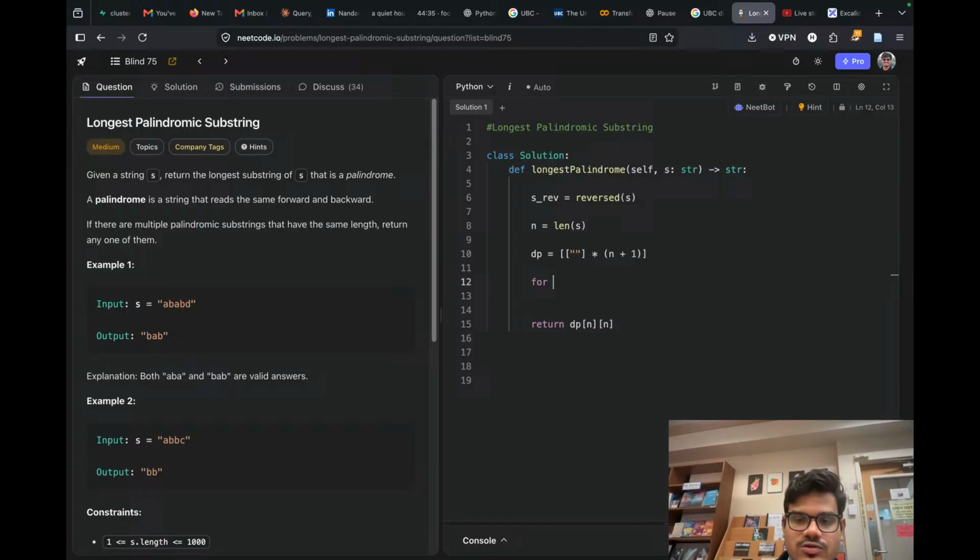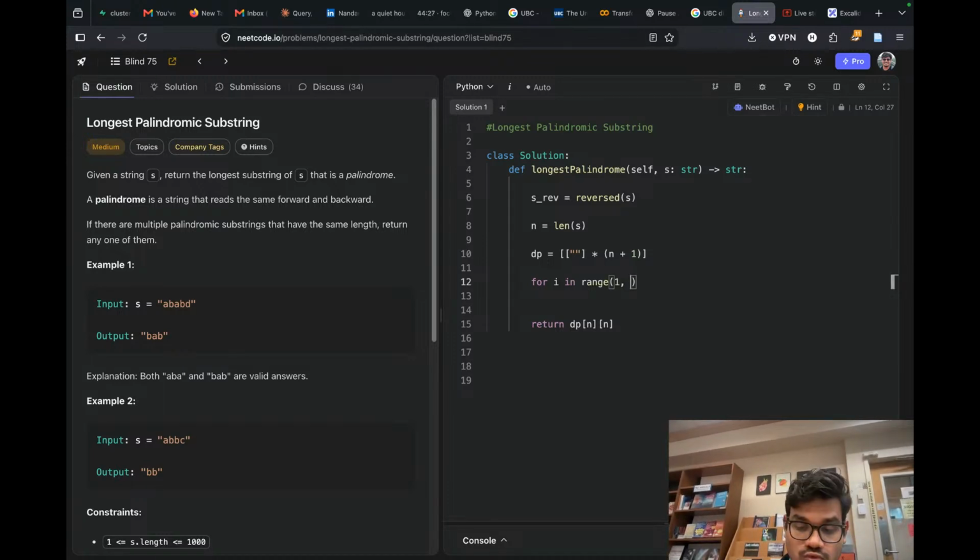Yeah. So for i in range 1 to n plus 1, this is what it will be. And for j in range 1 to n plus 1.